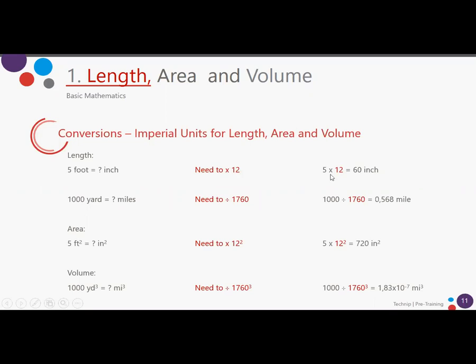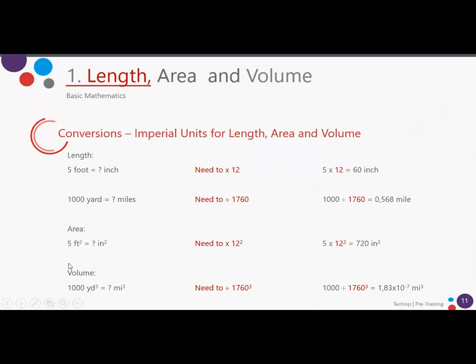So 5 multiplied by 12 is 60 inches. So 5 feet are 60 inches. 1,000 yards, how many miles do we have? We have to divide by 1,760. So 1,000 divided by 1,760 is 0.568 miles.